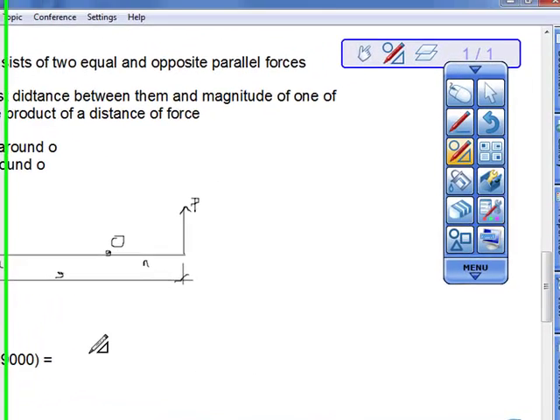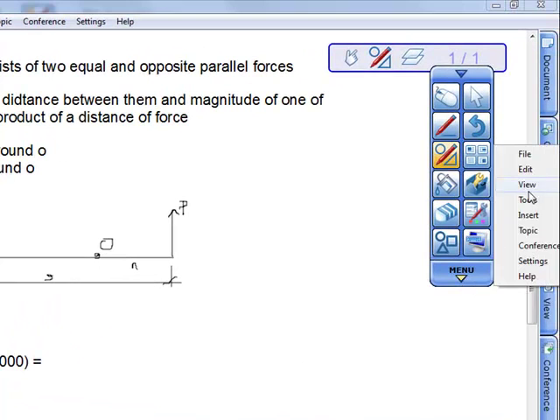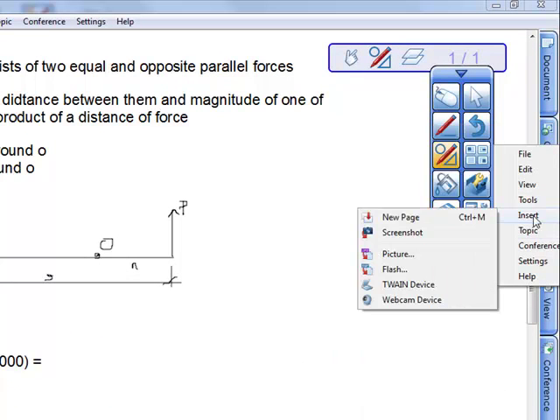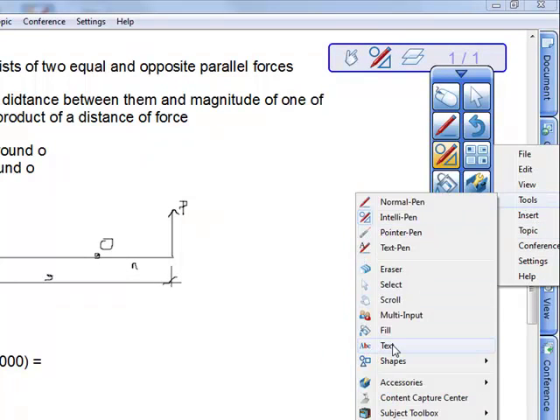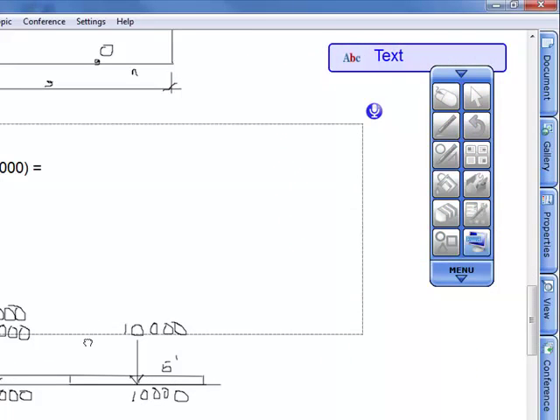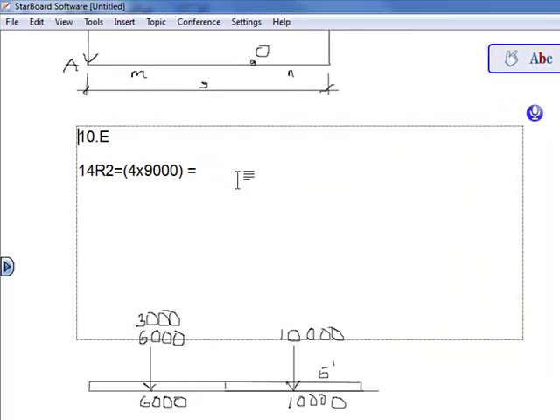If you go back up here, then back to mine. Insert tools, text. So I got 14R2 equals 4 times 9,000, which is this, plus 13 times 10,000.